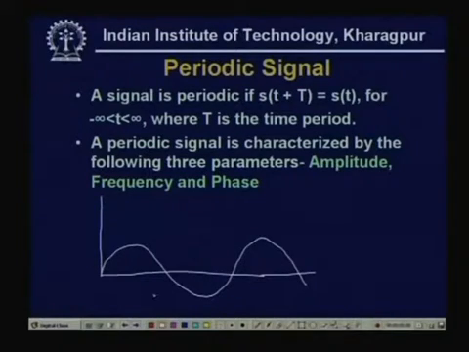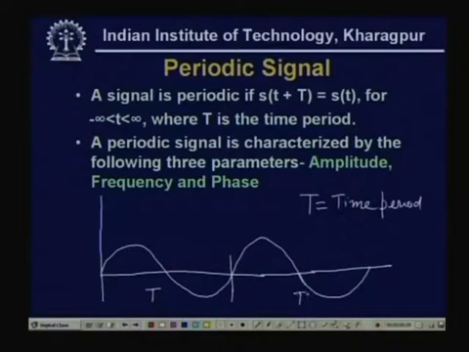Now this sine wave is repeating, as you can see, after this time. This time T is known as the time period. That means after time T, the signal will be the same as the previous portion. The same thing, this part will be repeated here. So this is another T.